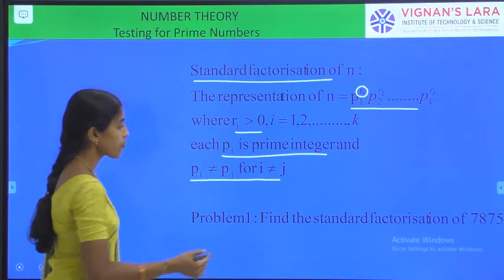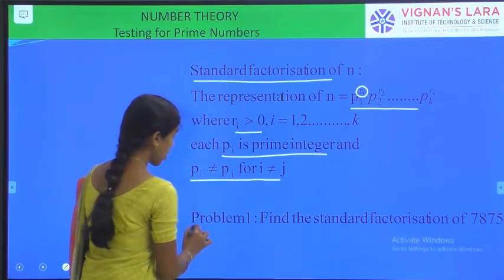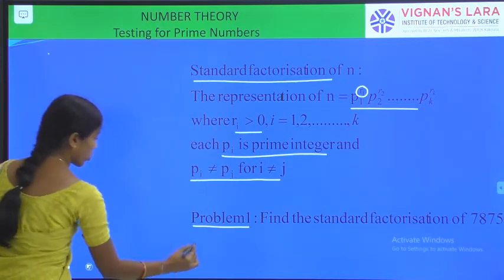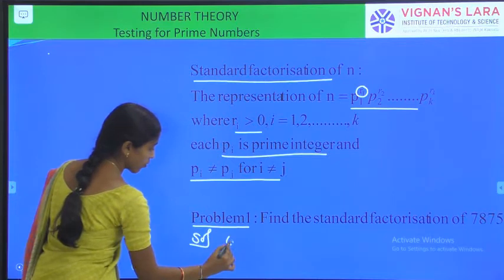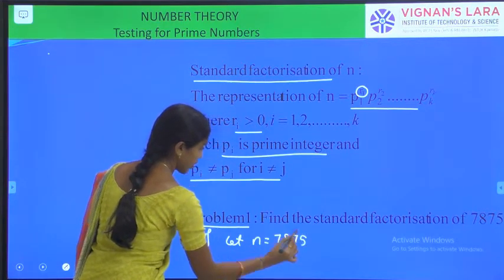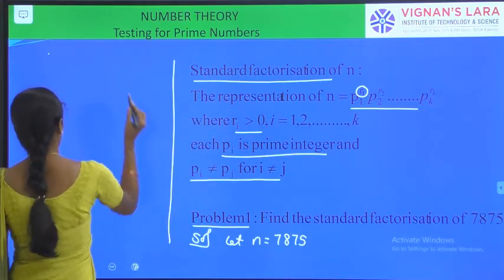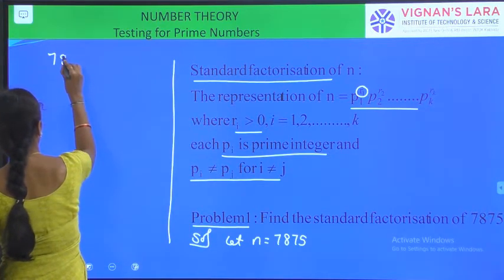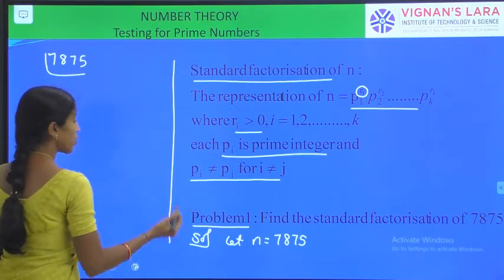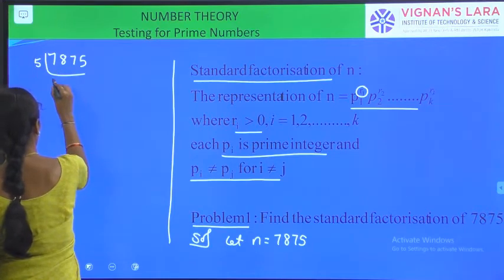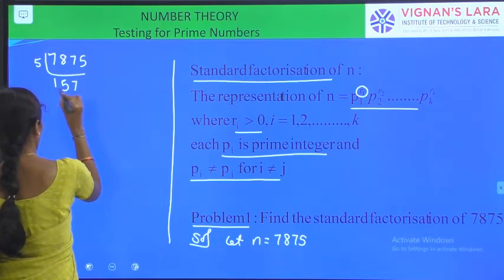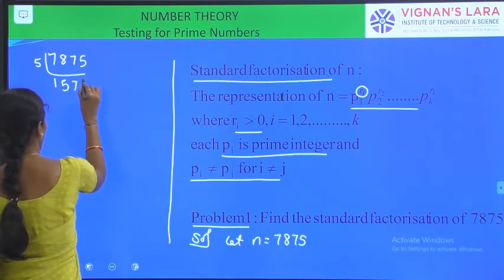Now see the first problem. Find the standard factorization of 7875. Let n is equal to 7875. Because the ones place value is 5, start with 5. 5 ones are 5, 5 fives are 25, 5 sevens are 35, 25.